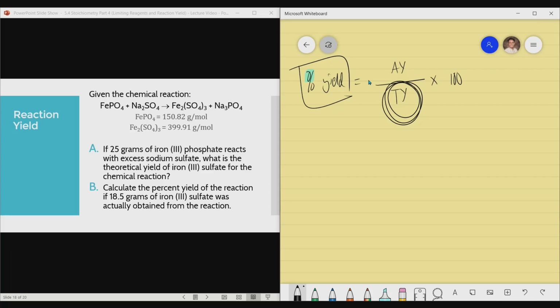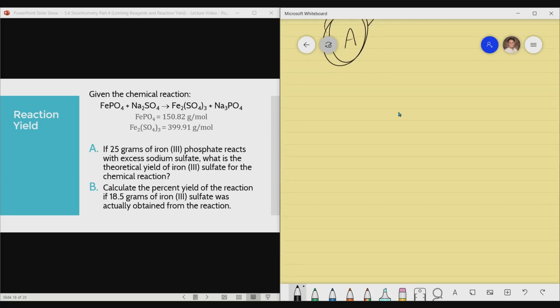Si theoretical yield po ay manggagaling sa sagot mo kay letter A. So we're just backtracking it. Ibig sabihin, bago mo masagutan to sa letter B, dapat masolve mo muna si TY. Kaso hindi nga provided si TY, kailangan natin isolve from scratch. Your theoretical yield will be computed in question letter A. So gawin muna natin itong letter A bago tayo proceed with letter B.